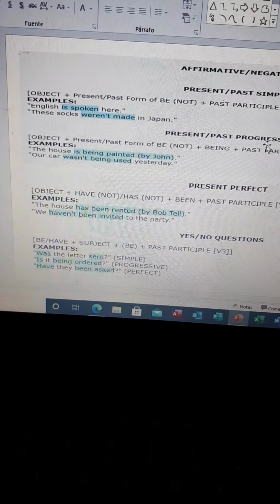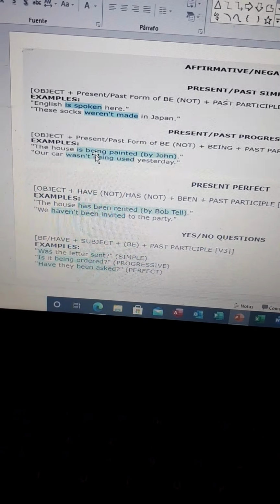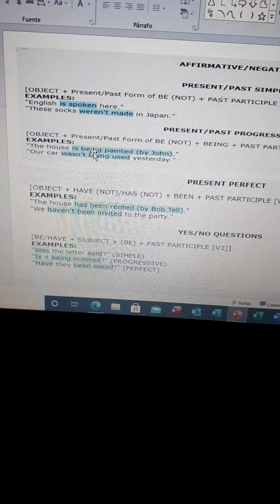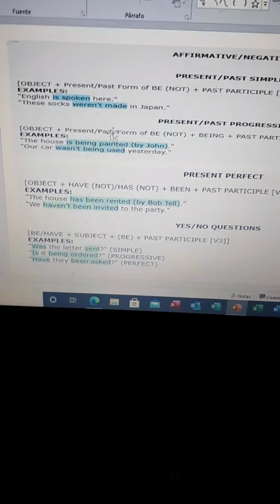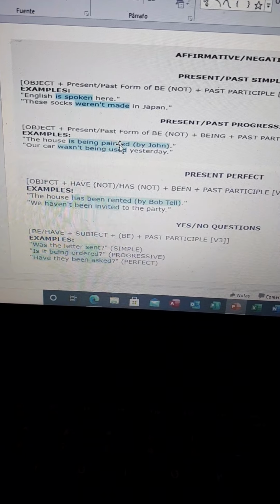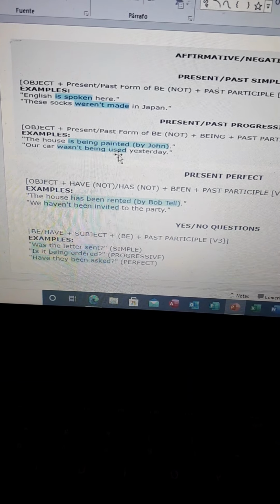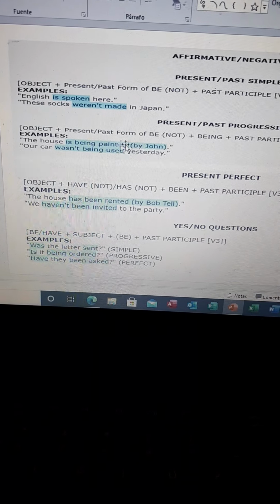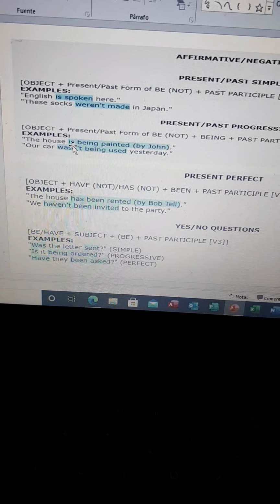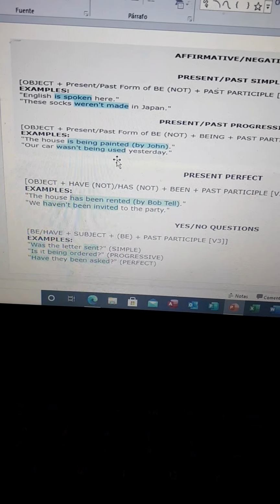Also, the present progressive or past progressive, okay, is the same with is. Like we are working with progressive. Remember that we are working with the verb to be. Is being painted, okay. Negative in past, wasn't being used, okay, or aren't or weren't being played, etc.